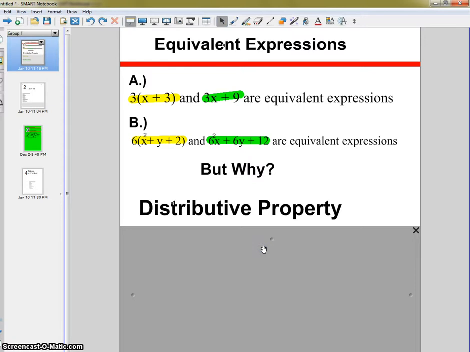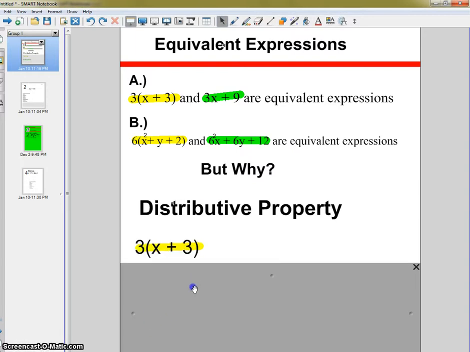It's called the distributive property. And you see the word distribute in here, or the root distribute is in here. I want to show you how I use the distributive property to make an equivalent expression. I'm going to take the expression that's highlighted in yellow and create its equivalent.